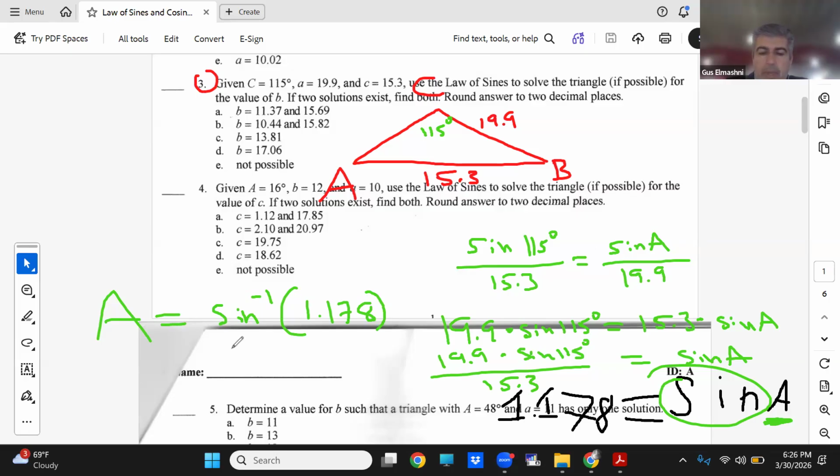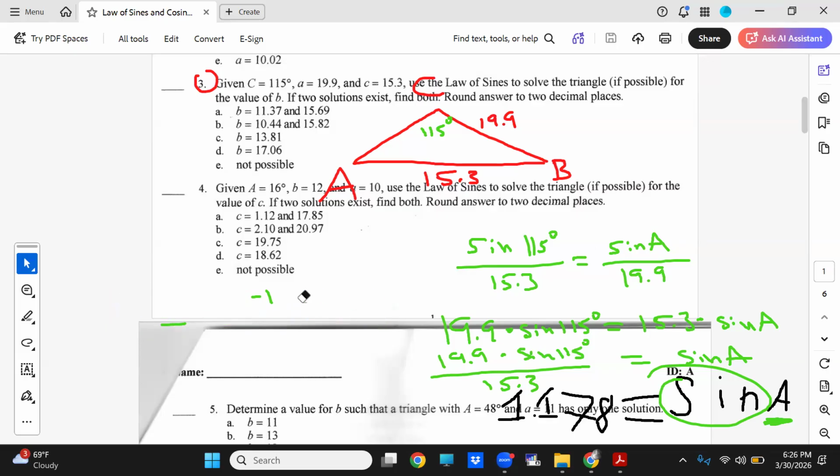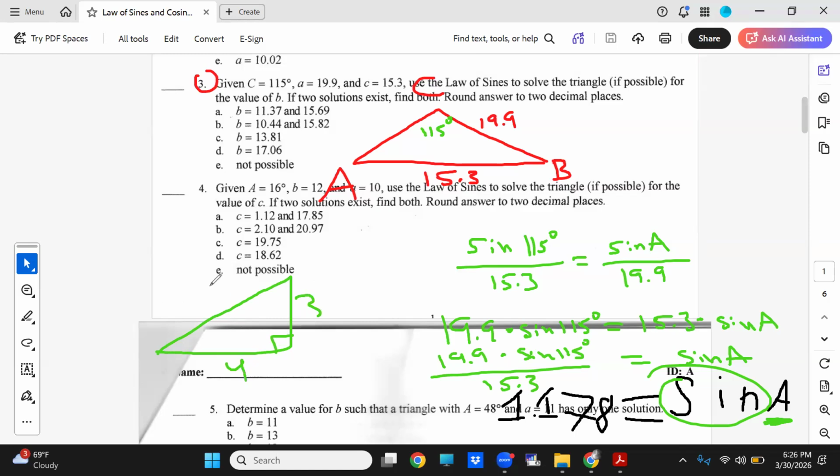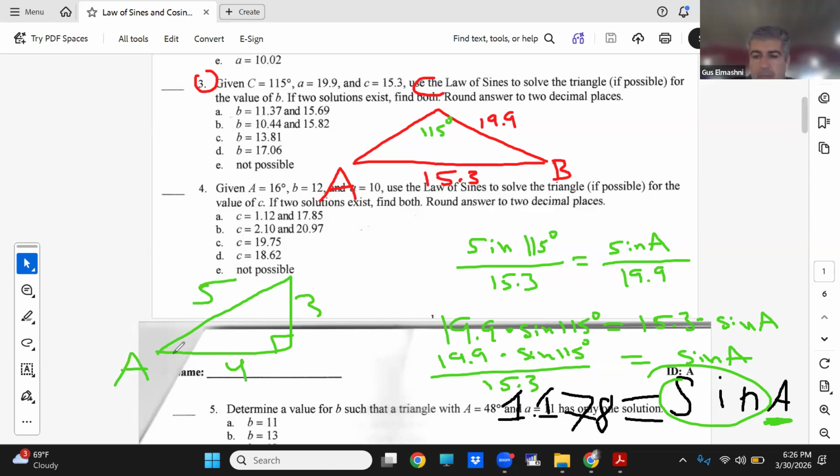So why do we get an error? Because when you're saying that the sine of angle A is a number larger than one, that's strange, right? Because let's look at a very standard right triangle, like something like this, right?